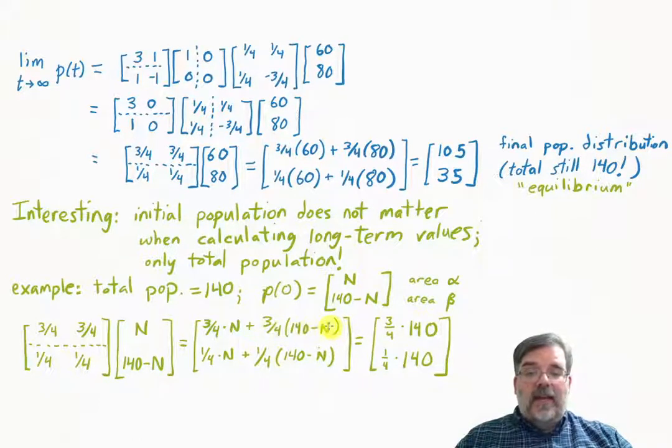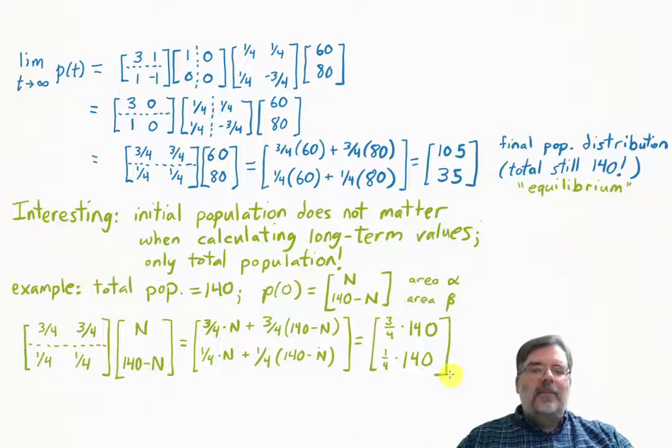When you expand that out, the 3/4 n and the negative 3/4 n cancel, leaving you with 3/4 of 140, the original population. And the second part of this matrix, again, this n and this negative n are getting multiplied by the same thing. They cancel out, leaving us with 1/4 times 140. So no matter what n was, that doesn't figure into the final answer. So it's a strong equilibrium.